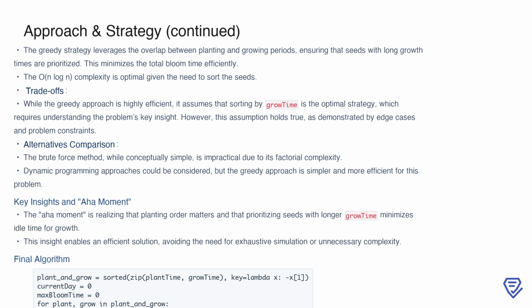The key insight here is recognizing the importance of planting order and how it can minimize idle growth time. This realization serves as that aha moment that unlocks the problem's solution. The final algorithm, shown here, is both concise and elegant, iterating through the sorted seeds and tracking the cumulative planting time to compute the maximum bloom time efficiently.